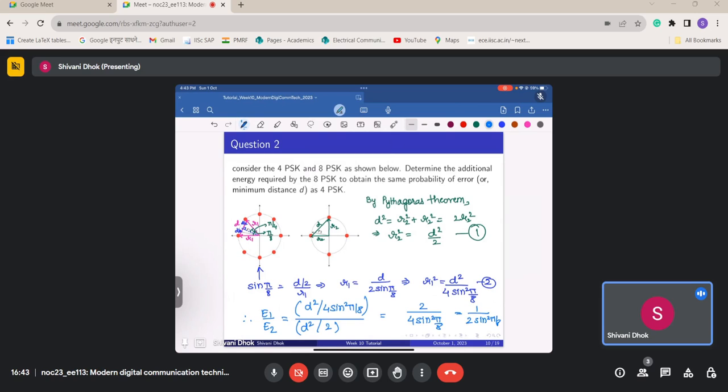And this approximately comes out to be 3.4. So 3.4 times higher energy we will need.